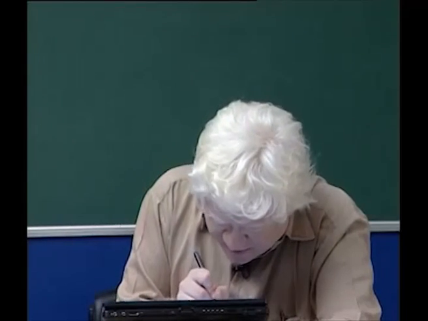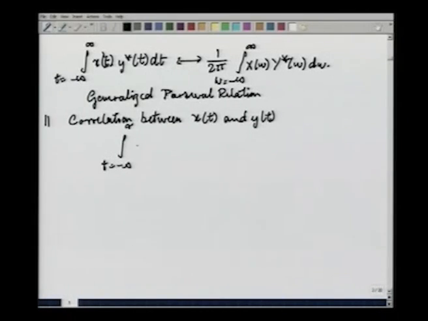The correlation is given by integral t equals minus infinity to infinity x t plus tau y star t d t. This might look somewhat similar to convolution, it is not, because here we are integrating against t, and also we are conjugating the second function.